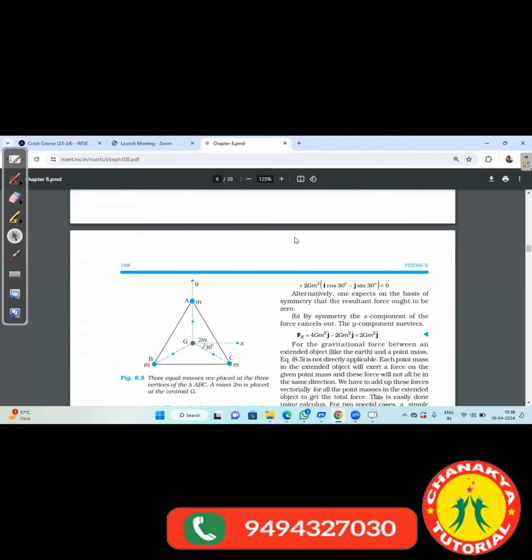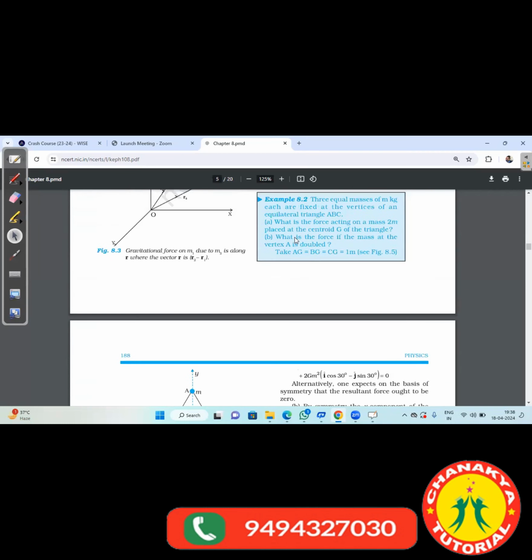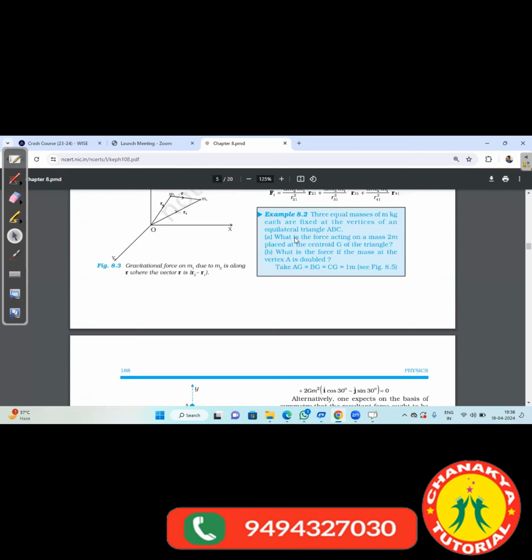Okay, let's say this is one of the questions I would like to have a look at. Three equal masses of m kilogram each are fixed at the vertices of an equilateral triangle ABC. What is the force acting on a mass 2m? Okay, so this we can find out. There is no problem here. This you can do. Can you do this question? I don't think there is any problem in this question.